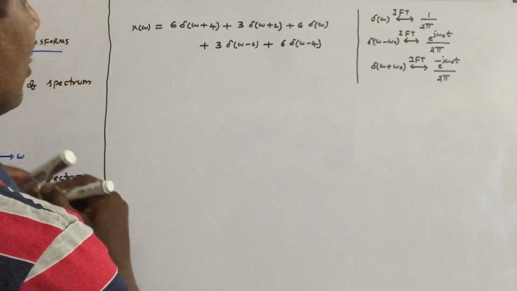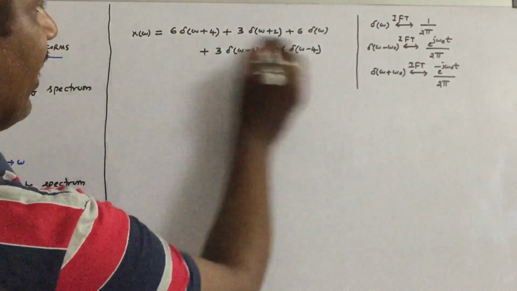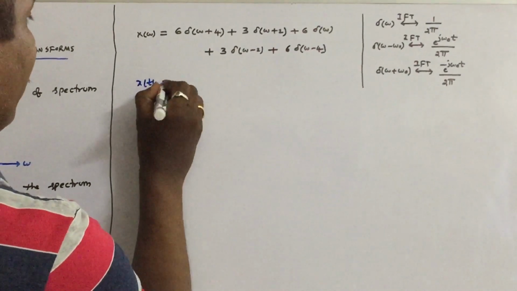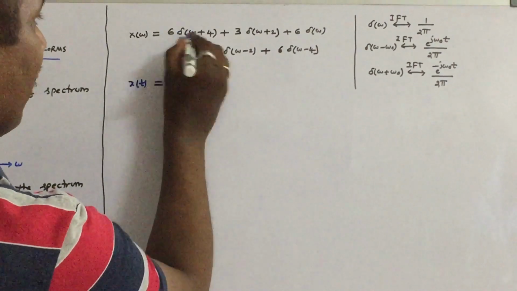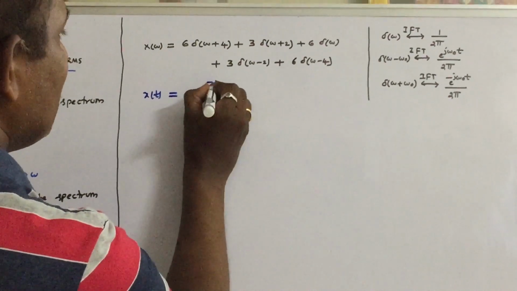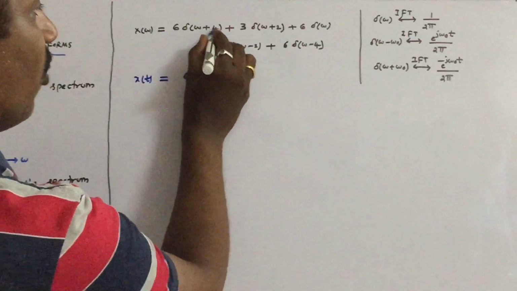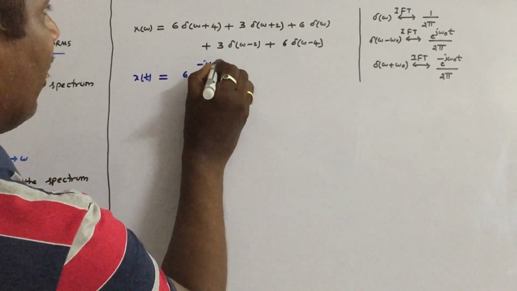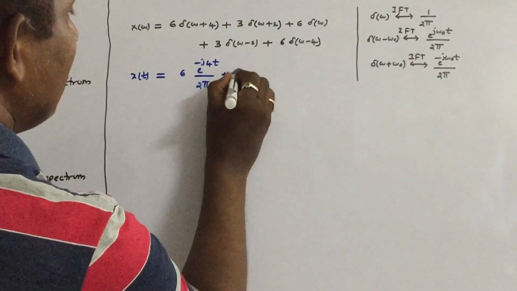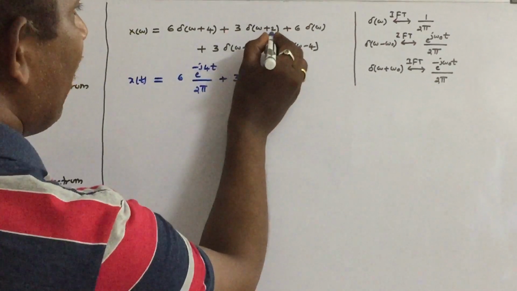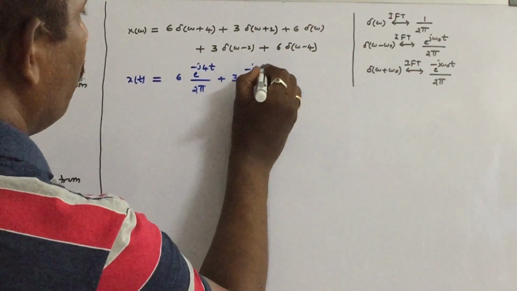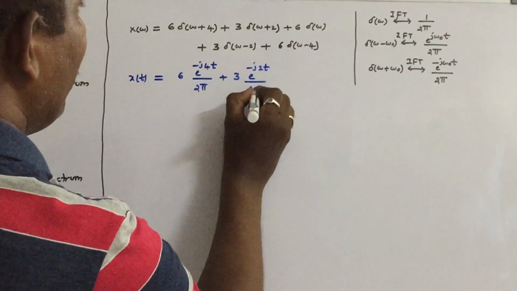So taking inverse Fourier transform on both sides, the left side is x of t. What is the inverse Fourier transform of del of omega plus 4? Which we have discussed: e power minus j omega 0 t, where omega 0 is 4, so e power minus j 4t by 2 pi. Plus 3 into, what is e power j omega 0 t here, so e power minus j 2t by 2 pi.